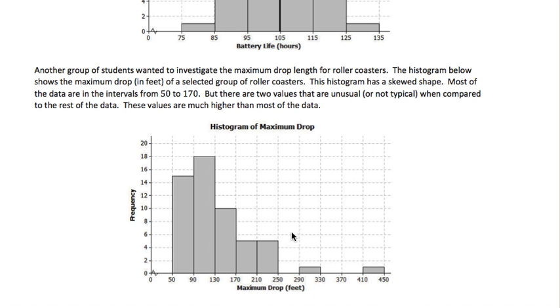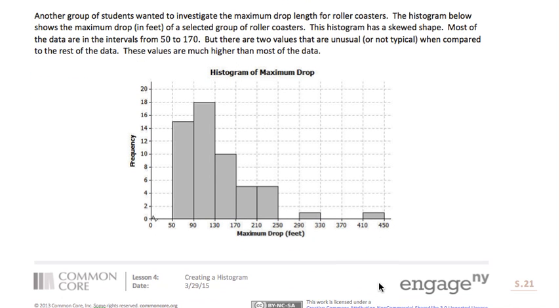These values are much higher than most of the data. We would say that this is skewed right because we have these unusually large data values that are to the right of most of the data.